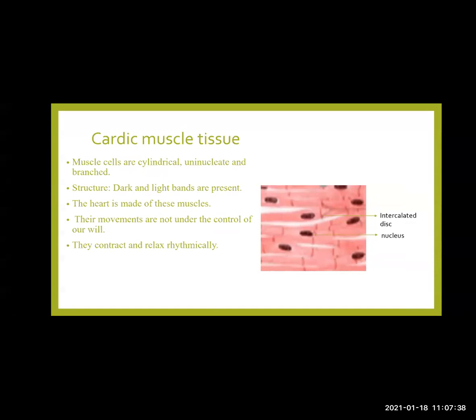If someone is resting or ill, the heartbeat might be reduced. So the number of heartbeats may vary according to the condition, but on an average, our heart beats 72 times per minute. This is why it is known as rhythmicity.